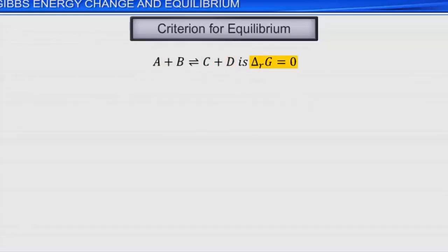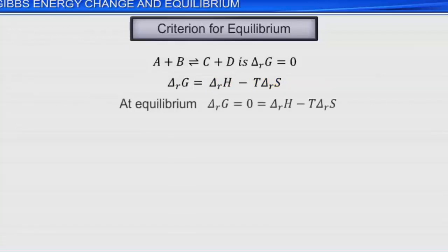Delta rG is the Gibbs energy change for the reaction and is equal to the difference in the enthalpy change of reaction, delta rH, and product of temperature T and entropy change of reaction, delta rS. At equilibrium, delta rG equals 0, which means that at equilibrium, delta rH equals T delta rS.